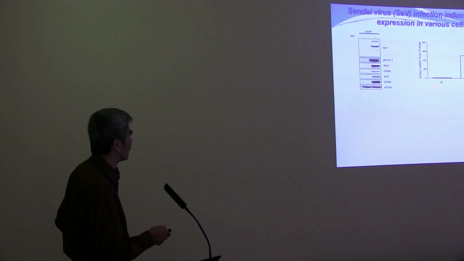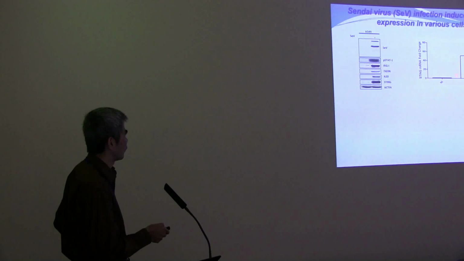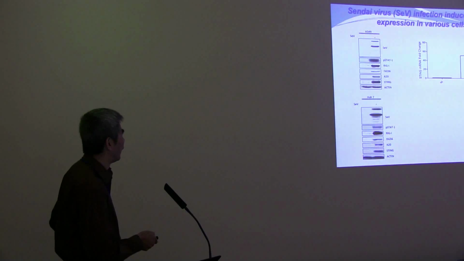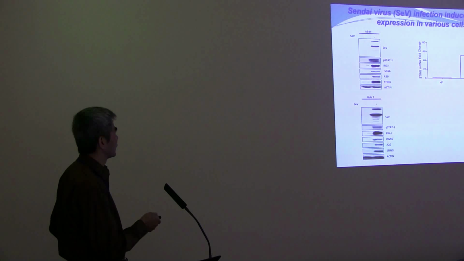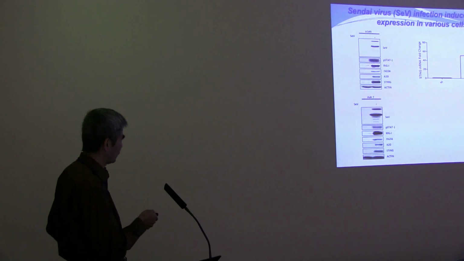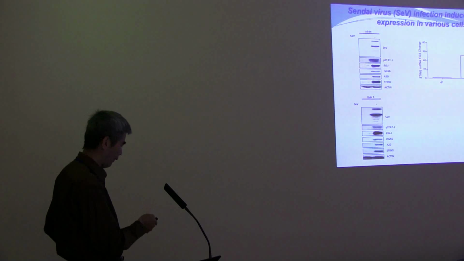And the induction of STING is at the RNA level, because here we used qPCR and can detect that STING is quite strongly induced following Sendai virus infection. And the induction of STING expression by Sendai virus is not limited to A549 cell line.